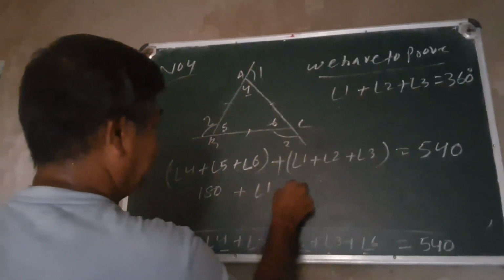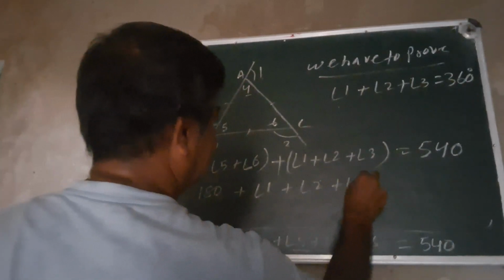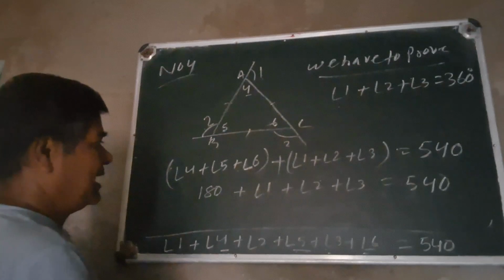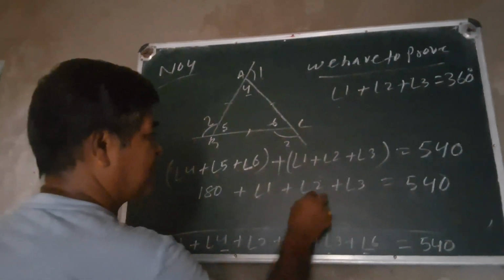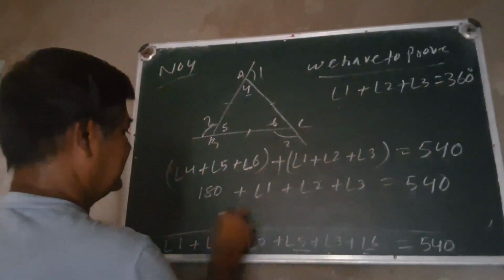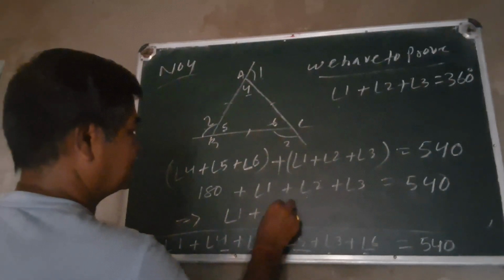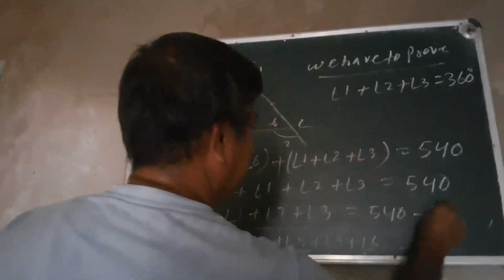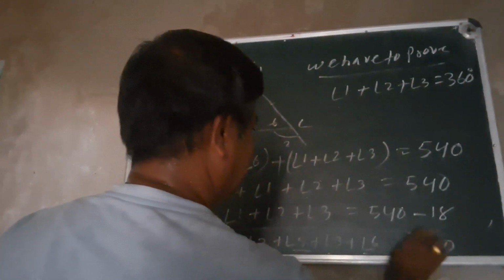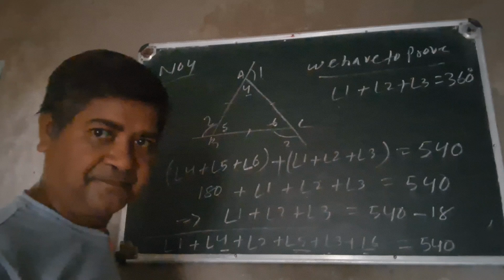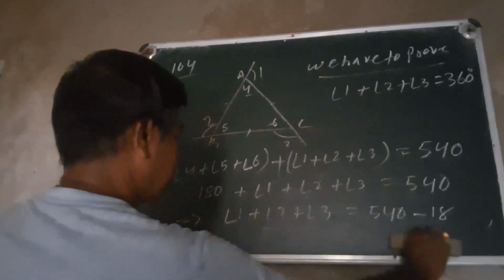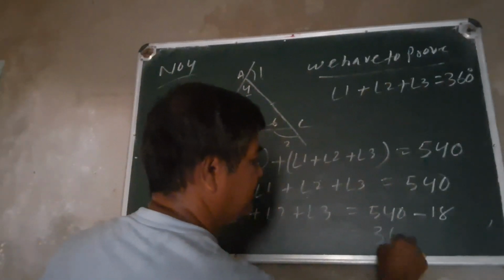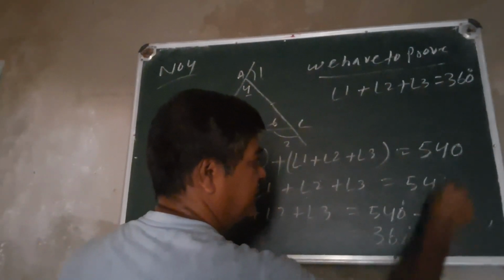Plus angle 1 plus angle 2 plus angle 3 equals 540. We are going to find 1 plus 2 plus 3. That implies angle 1 plus angle 2 plus angle 3 equals 540 minus 180, which is 360 degrees.